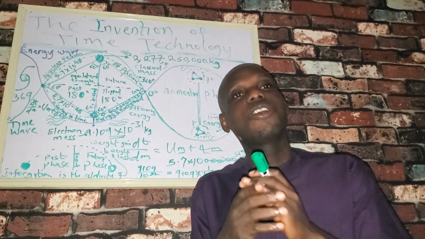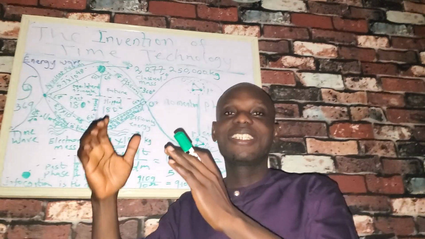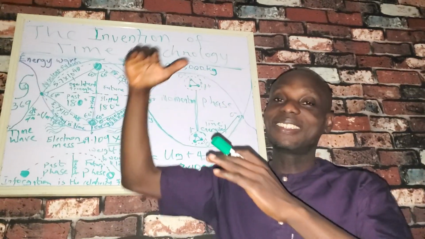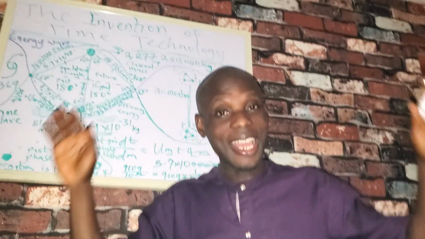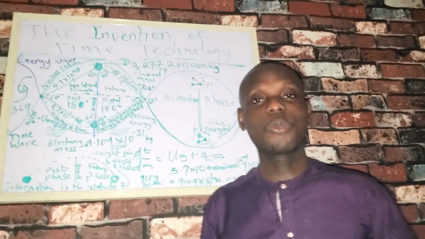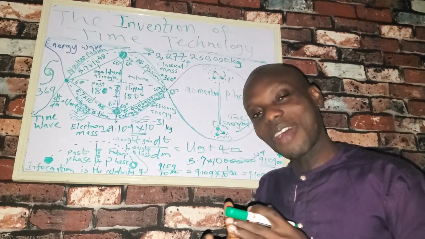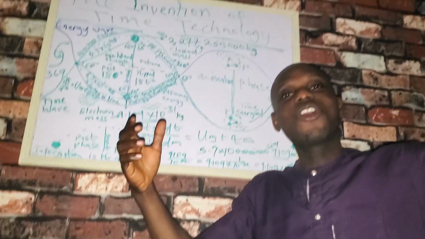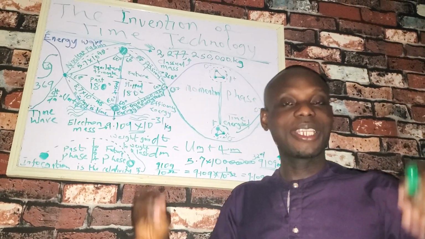But the moment we get a camera with a frame speed higher than the speed of the fluttering of the wings, we'll see the fluttering as slow motion, such that we'll be able to see the position of that wing in time and in space.